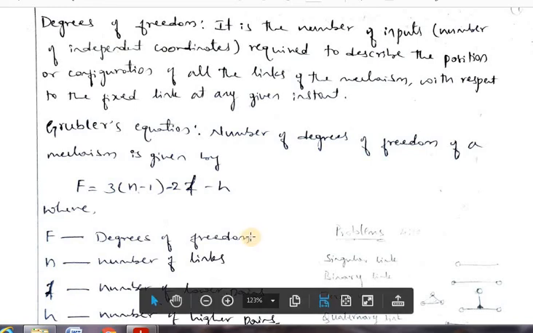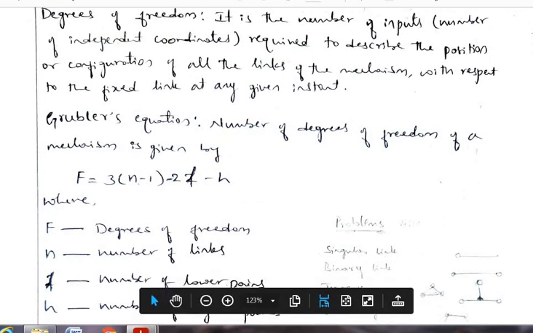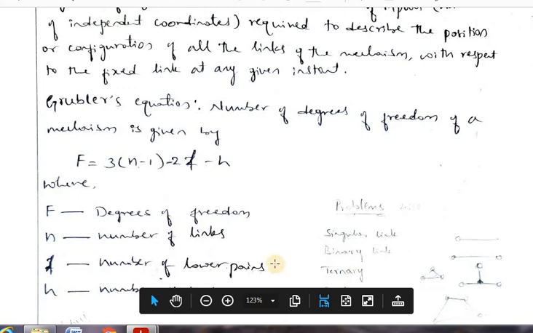Grubler's equation is used for finding the number of degrees of freedom from a given mechanism. And this is the formula we have as Grubler's equation for finding the degrees of freedom.